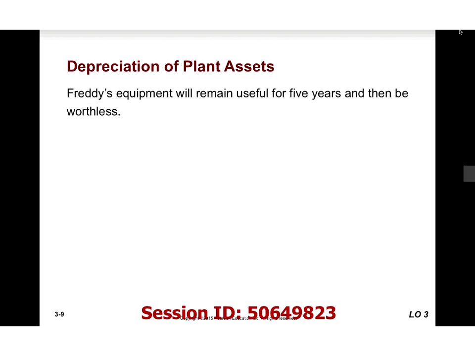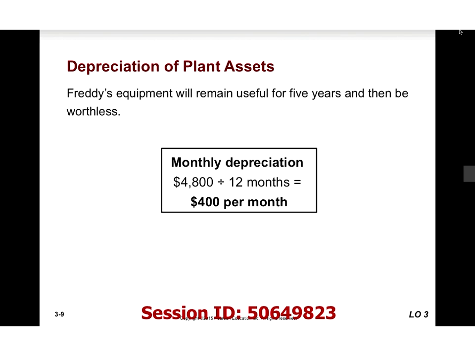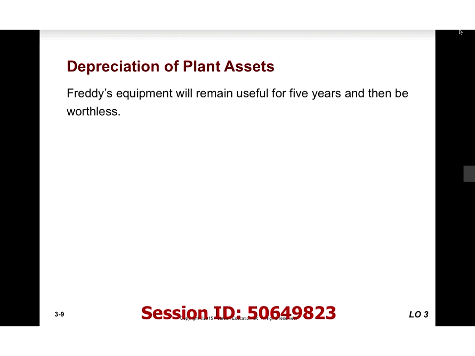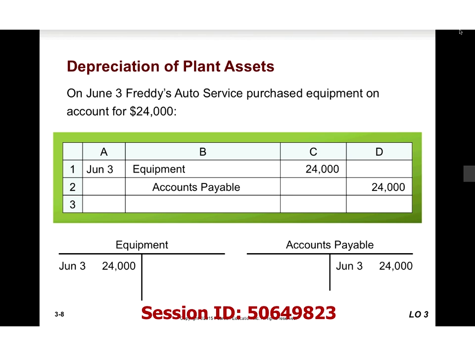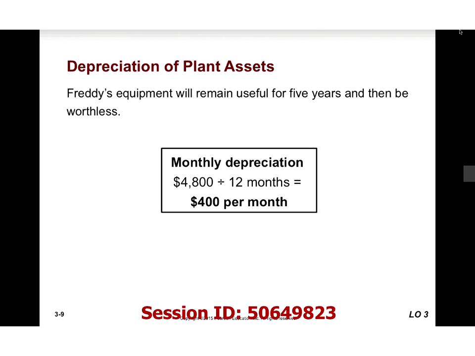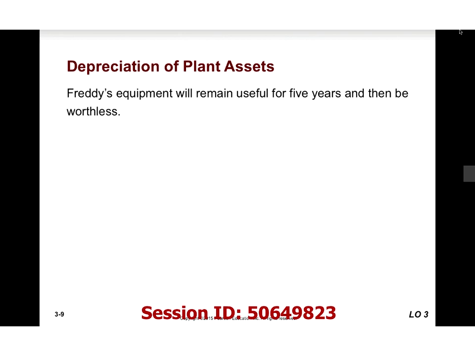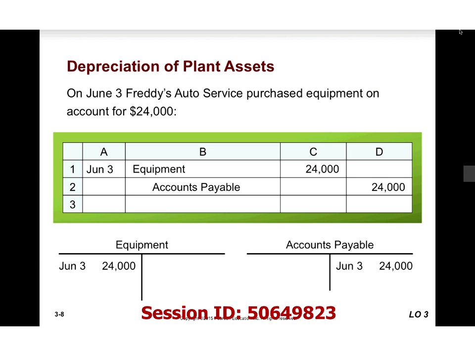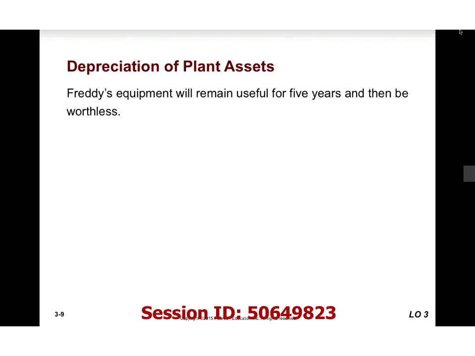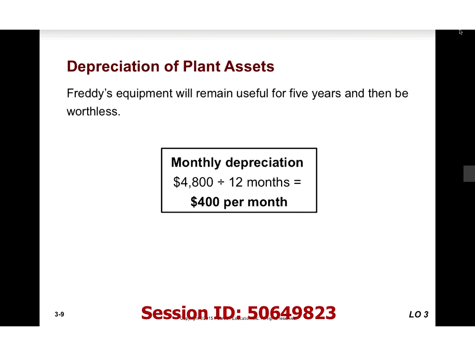So now we're going to figure out the depreciation. What we do is divide it out and spread it over the years or the months. Let me go back. Oh, I skipped a step here. There's one calculation that's not showing on the screen. We said it would be good for 5 years, right? So the calculation that's missing on this next screen is 24,000 divided by 5 years.